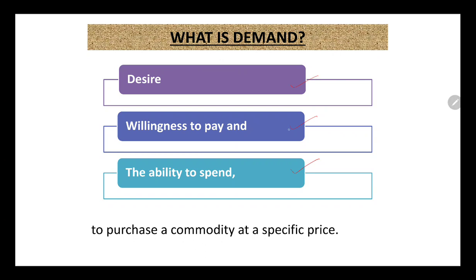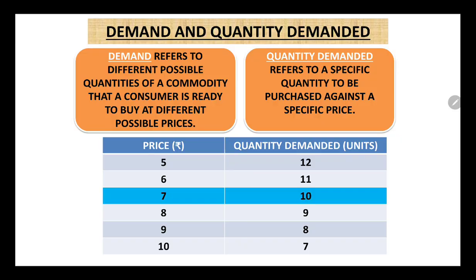That will determine your willingness to pay and the ability to spend. So your affordability, your willingness to pay that much amount will determine it, and when these three things are fulfilled, then you will say, yes, I would like to demand this particular commodity and I will purchase it at a specific price.